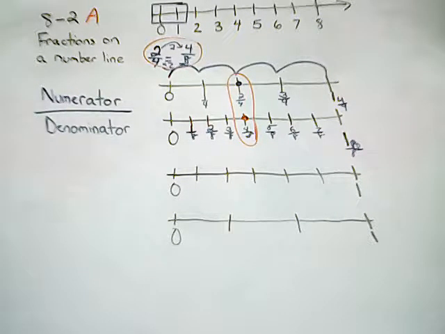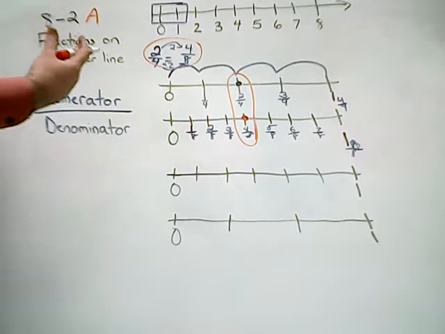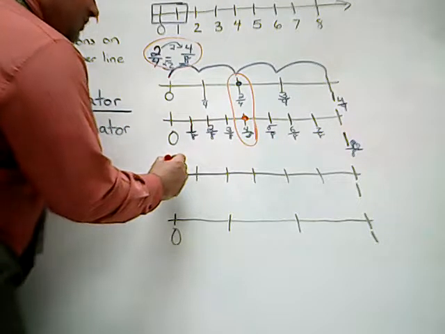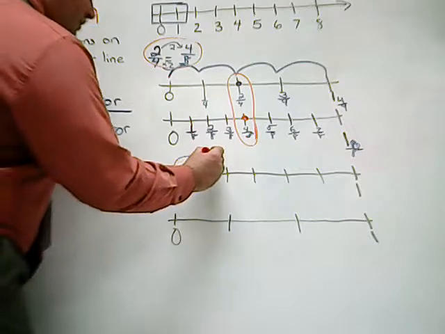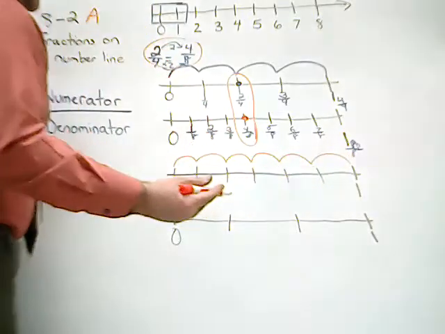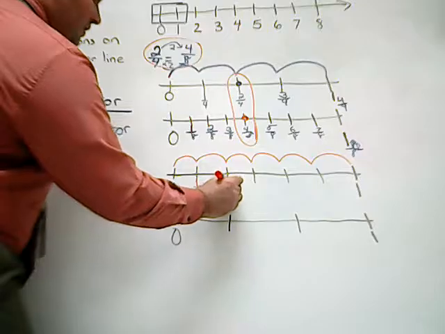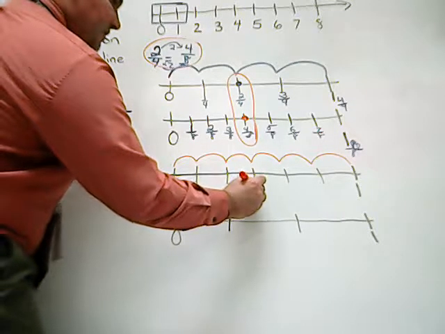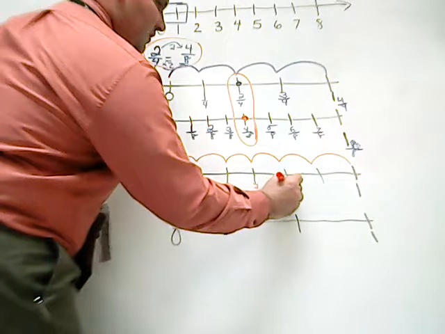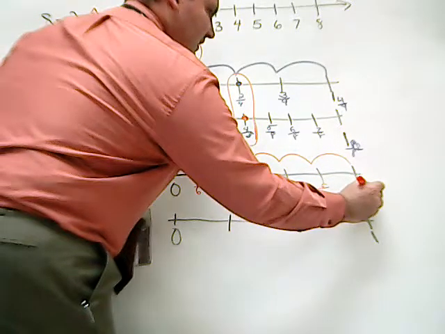Okay? So let's take a look at this bottom set of number lines. My first one, remember, do your leapfrogs to figure out what your number line is broken into. My first one is broken into 1, 2, 3, 4, 5, 6 equal pieces. So I can label my number line 1/6, 2/6, 3/6, 4/6, 5/6, and 6/6.